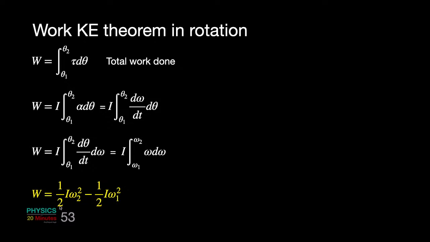So all it is saying is that if work is being done by a torque on a rotating body, the rotational kinetic energy changes. And the change in the rotational kinetic energy is equal to the work done by the torque. So that is the work kinetic energy theorem in rotation.